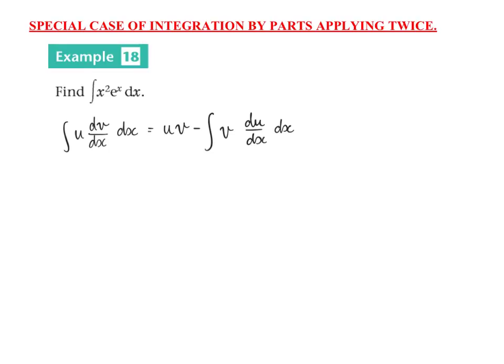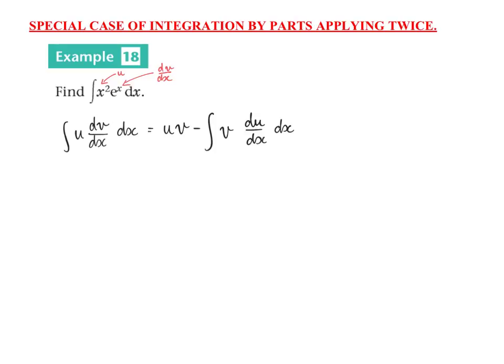So we're going to choose our x squared as u, and we're going to choose the e to the x as dv by dx. So that's the one that we're actually going to integrate. With e to the x, if you integrate it or differentiate it, you get the same e to the x as the answer. So we will get an integral, and hopefully it will simplify a little bit more.